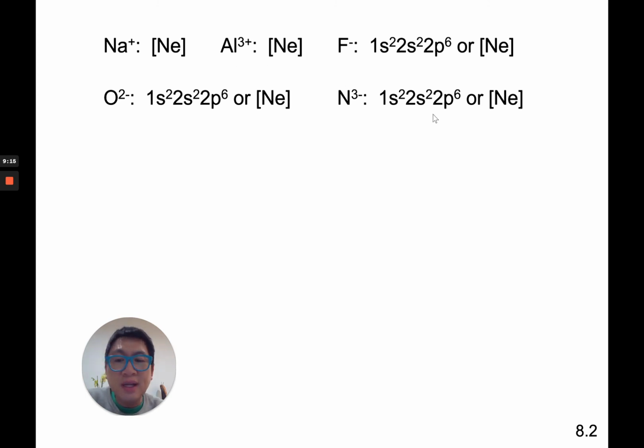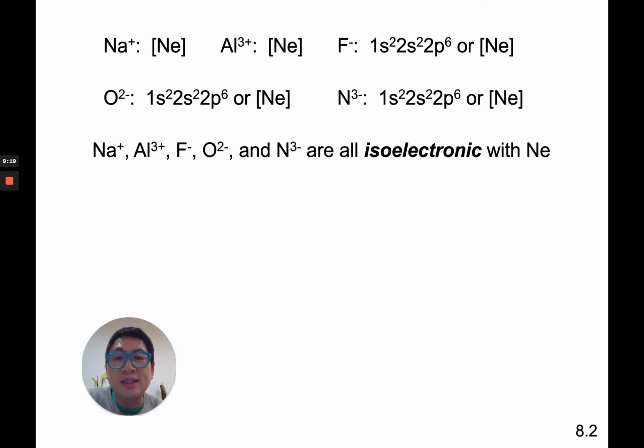There's a term for that if they have the same electron configuration at the end. The term is called isoelectronic. The sodium ion, aluminum ion, fluoride, oxide, nitride ion are all isoelectronic with neon. They have the same electronic configuration. The prefix iso means same. Just think like isosceles, same sides. If you ever see that prefix, iso just means same.